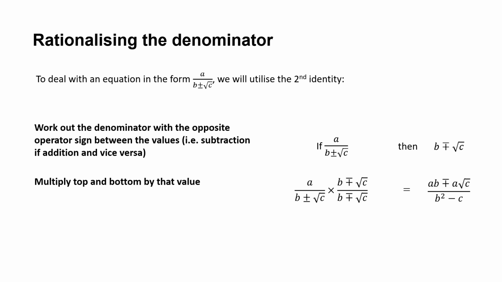And the purpose of this is, as I've just said, we worked out that when we have b plus root c times b minus root c, this is going to give us b squared minus c on the bottom. When we work this out on the top as well, we're going to get ab minus or plus a root c. And this will eliminate the surd from the denominator. So we'll now run through some examples so we can actually see this in action.